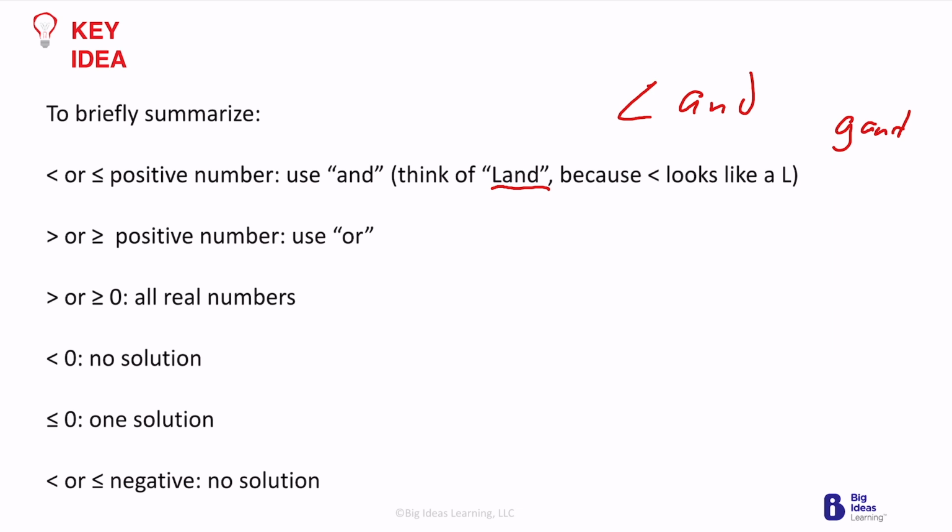But if it's less than or equal to 0, you have one solution because you can be equal to 0. So you would just solve it as equal to 0. You'd have one answer. And then like 0, this goes hand in hand here. If you have less than or equal to a negative, that is no solution. So if you haven't written this down yet, pause this, write these down, then we'll keep going. Well, you'll keep going. I'm already done with this.